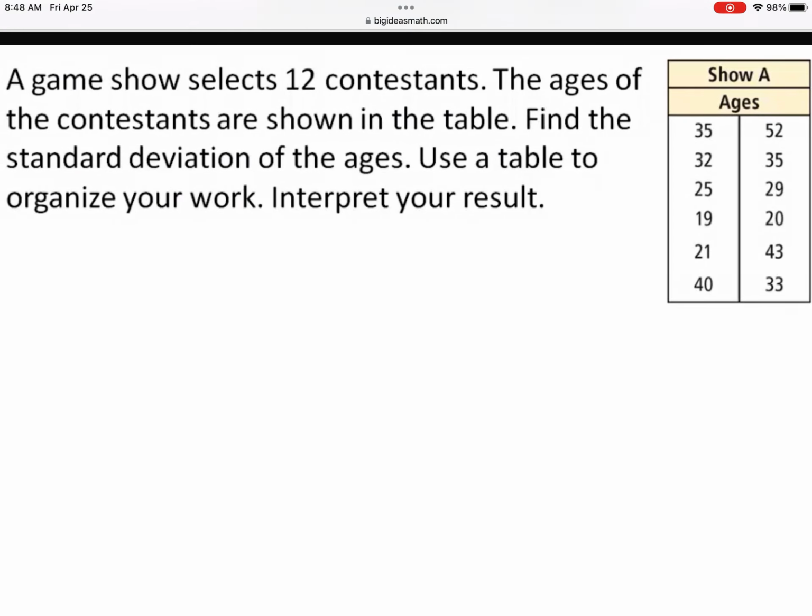Next find the square of each deviation, the quantity x minus x bar squared.